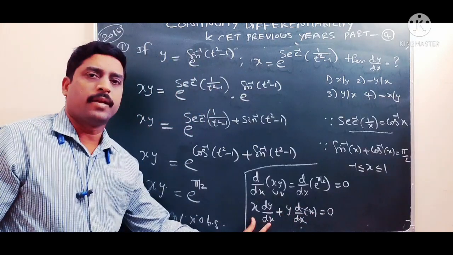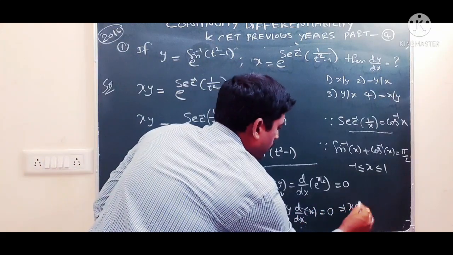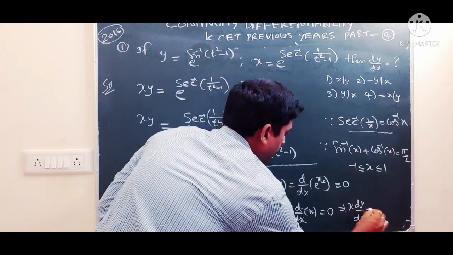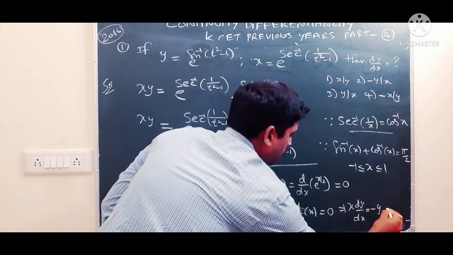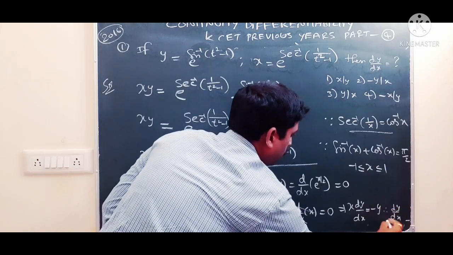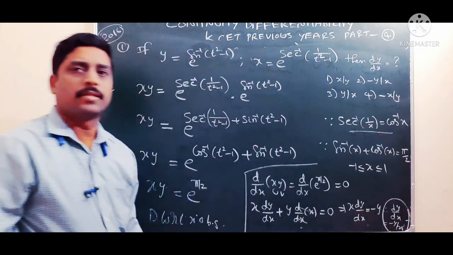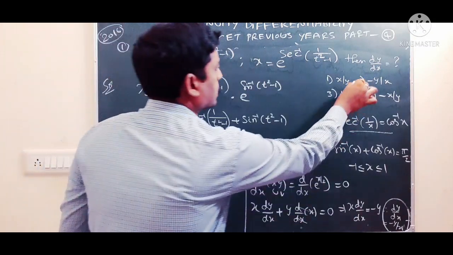So x dy by dx plus y, bring it to the right side. So x dy by dx is equal to minus y. Therefore dy by dx is equal to minus y by x, answer. So the second option is correct.